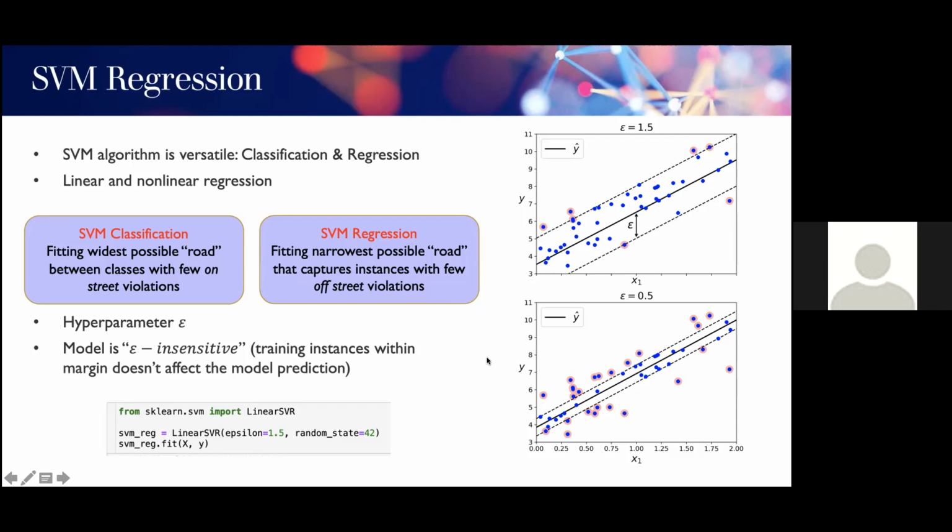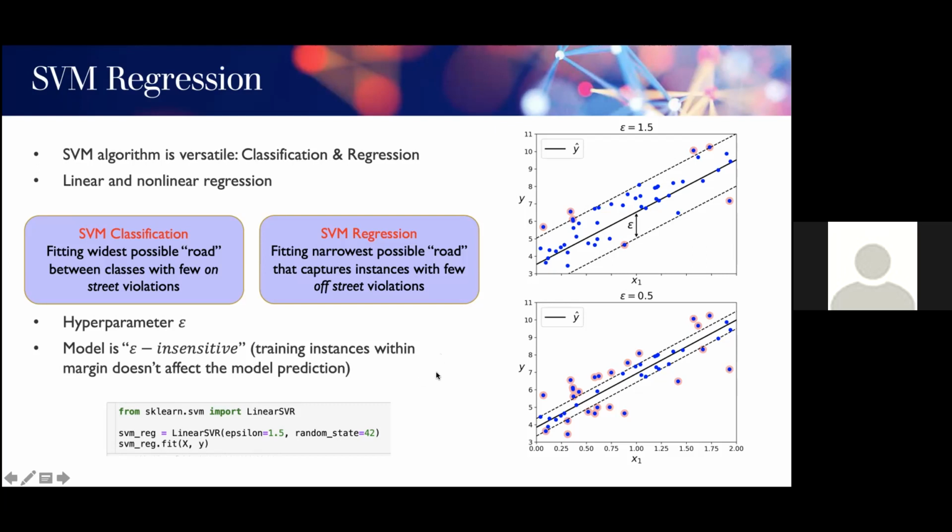It doesn't mean that it is not sensitive to epsilon, but it means that it is not sensitive to the training instances that fall between the margins. No matter how many training instances fall in the margin, your decision boundary and your prediction for the new data points are determined based on the support vectors, which are outside the margins.